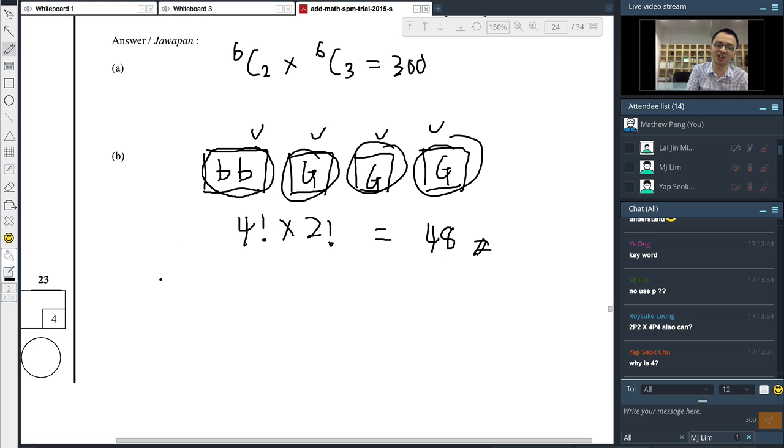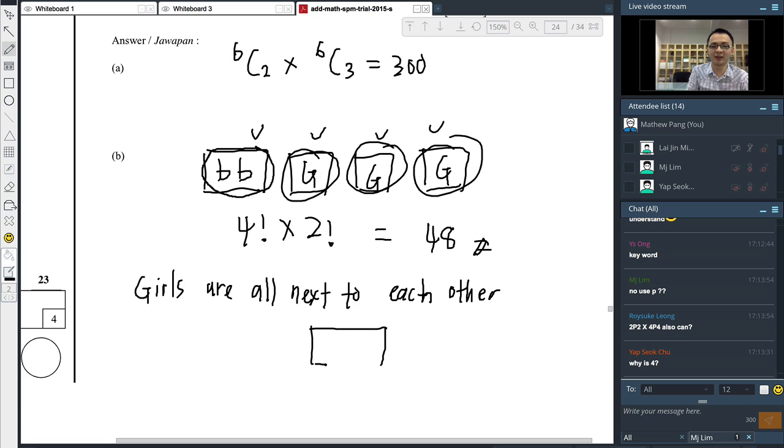So for example, I change the question a bit. It's still 2 boys and 3 girls, but now I want the girls all next to each other. In this case, I will group the girls together, and then I have 2 boys.